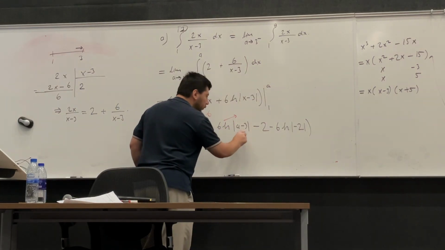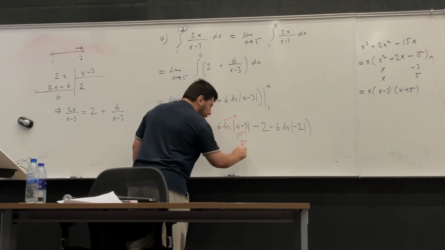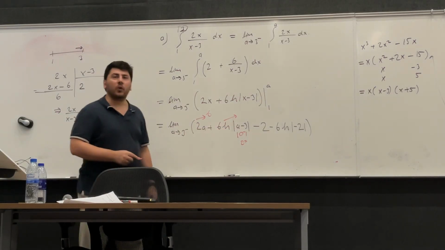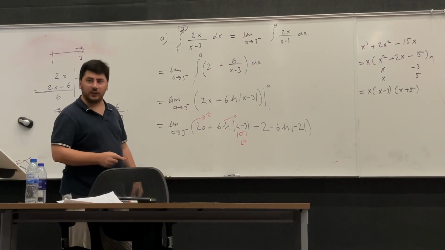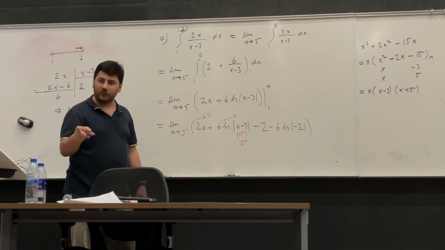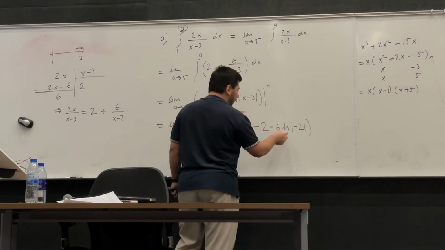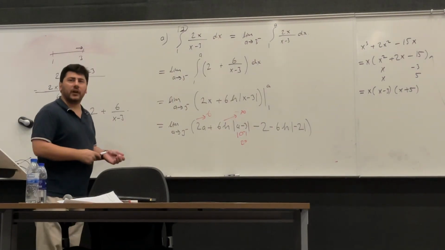But there is an absolute value, so it will be positive and going to 0. If the inside of ln goes to 0 from the positive side, then the value of that is negative infinity. And these are some constants there. So what is the final result?